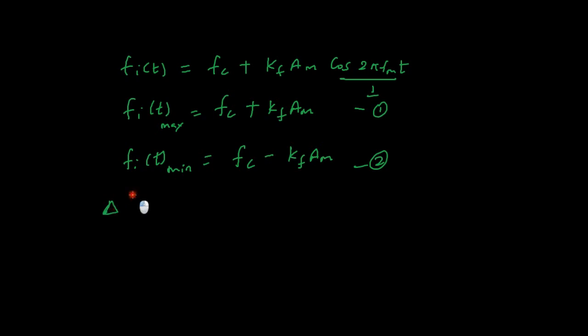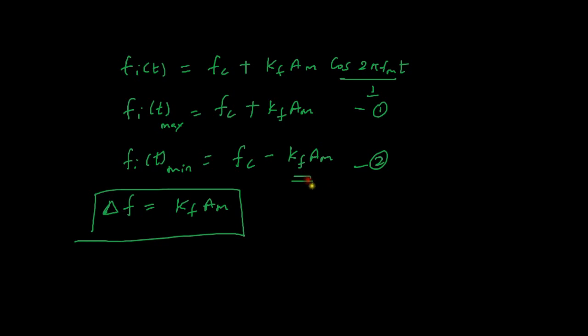So delta f will be this change, that is Kf into Am. It will be plus Kf Am if it is maximum, and minus Kf into Am if it is minimum. This is the change in frequency, so this is called the frequency deviation of the FM signal.